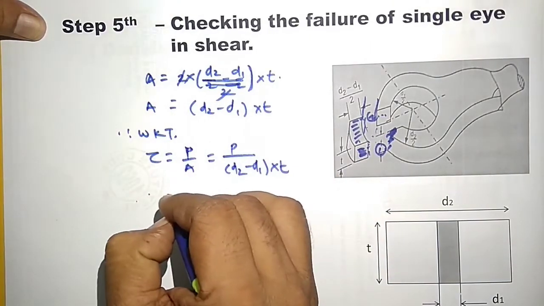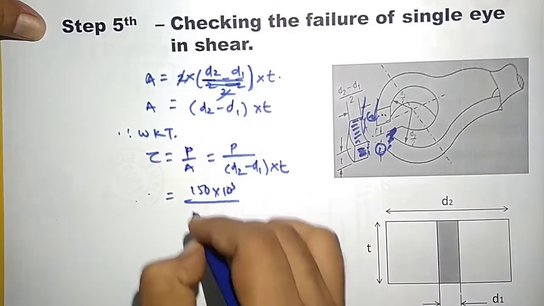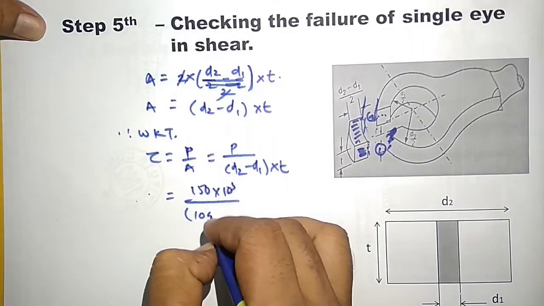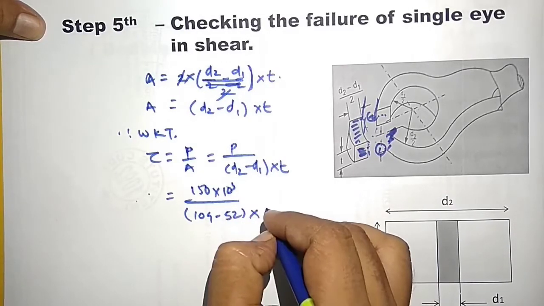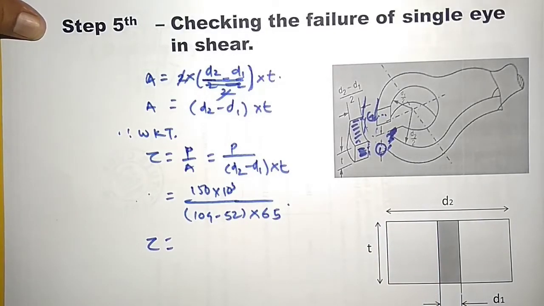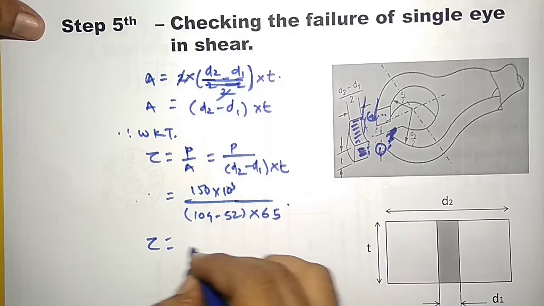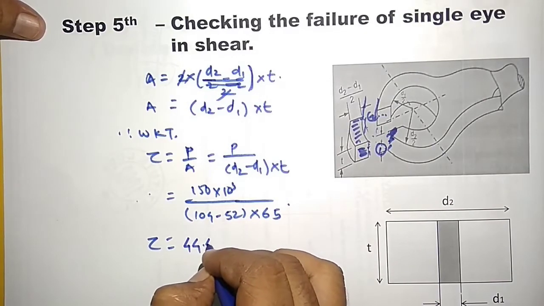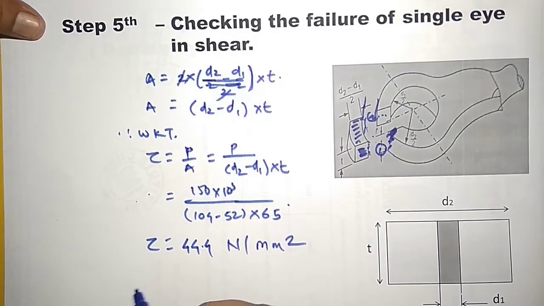Put the values: 150 into 10 raised to power 3 divided by (104 minus 52) into 65. What will be the value of tau? The value of tau will be the same, 44.4 Newton per mm square.